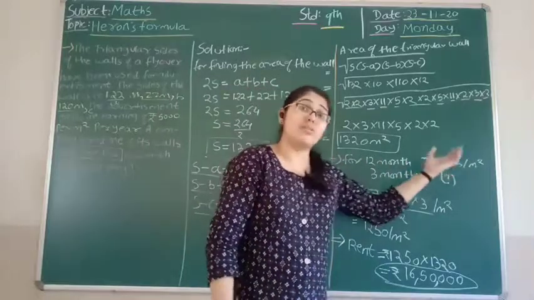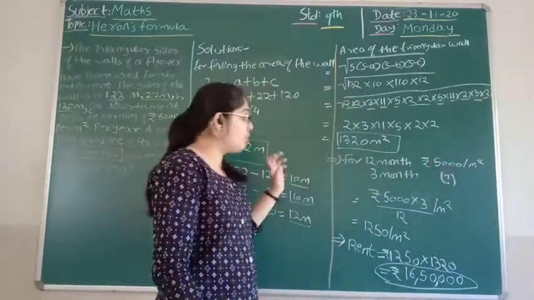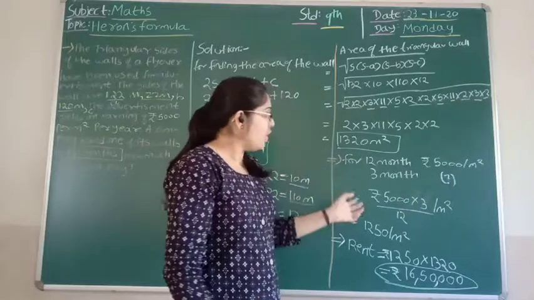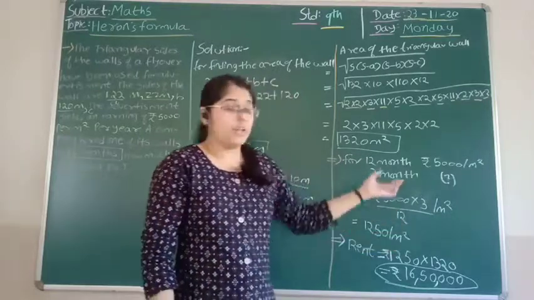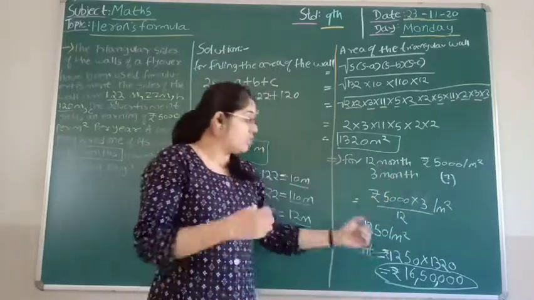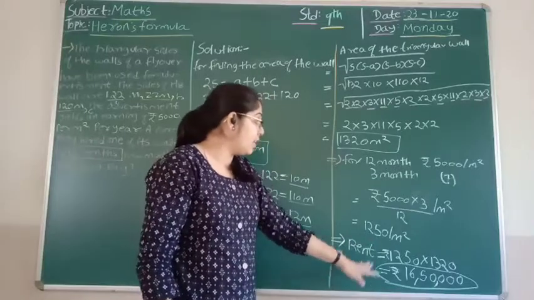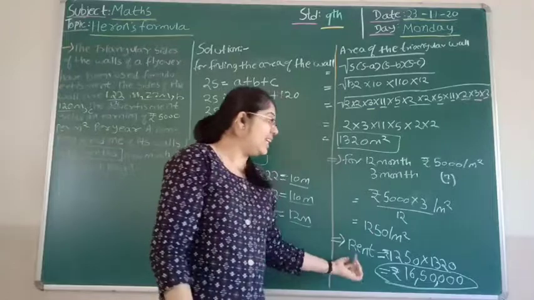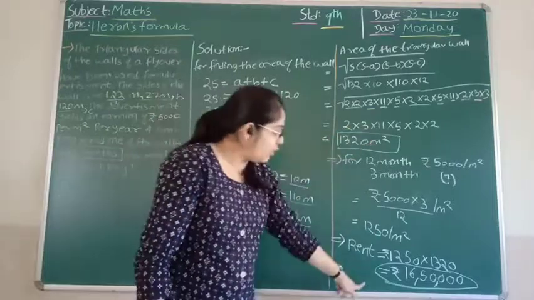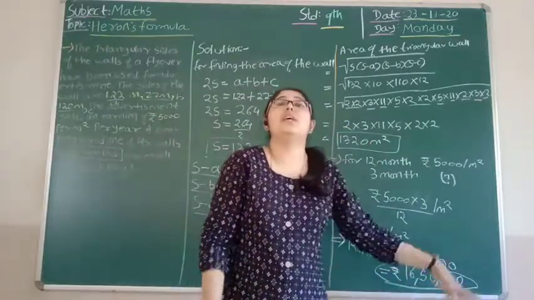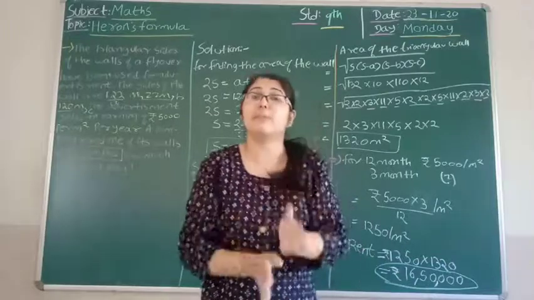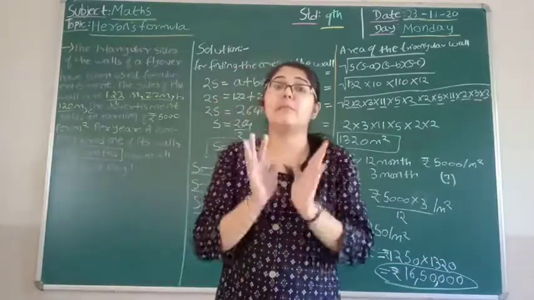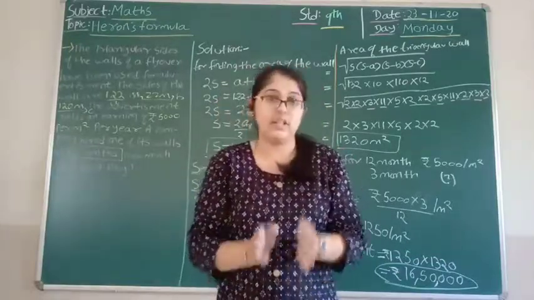Then what would it be for 3 months? For 3 months it will be this amount. After that, multiplying this with the area, we get this amount of rupees, which will be the rent that the company will pay for 3 months. This is how students can solve this.